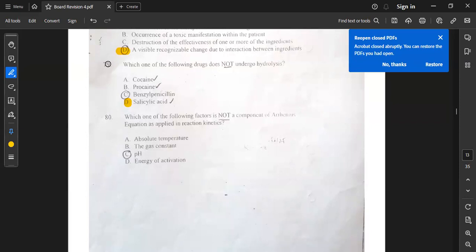I think the amide, but I'm not too sure. Nice. Yeah, you're right, the amides are less likely to cause allergic reactions as compared to the esters, the likes of procaine and tetracaine.